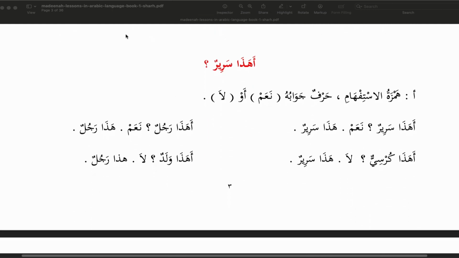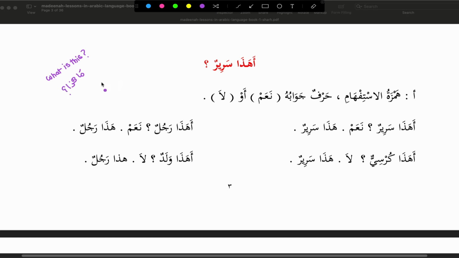Now, next, there are two types of question. One is you don't know at all, and you're asking, what is this? The way you ask this question is ما هذا. There's another way of asking, and that is to ensure something, to be sure about it. So, for example, you see a house that looks like a house, but it can be a masjid as well, just as an example.